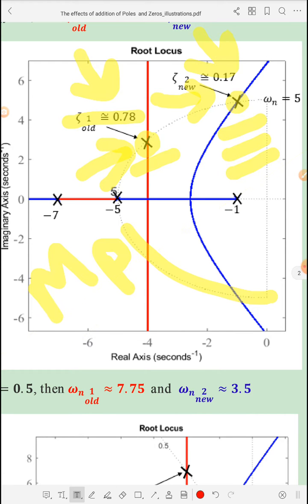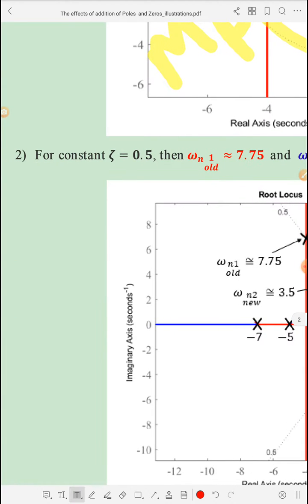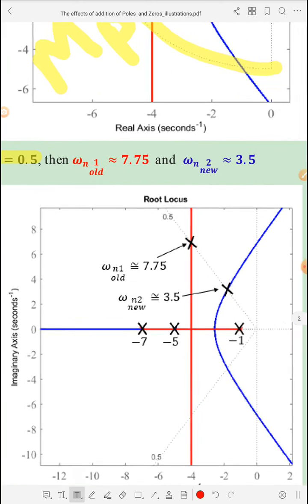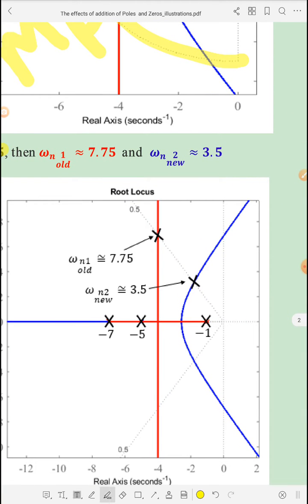Now let us switch to the next fact, where we assume that we have a constant zeta loci, and constant zeta loci are drawn as beams with a certain angle. We have previously covered these beams with certain angles. As I mentioned, this is the old root locus, this is the new root locus, and we will check the intersection of this beam.